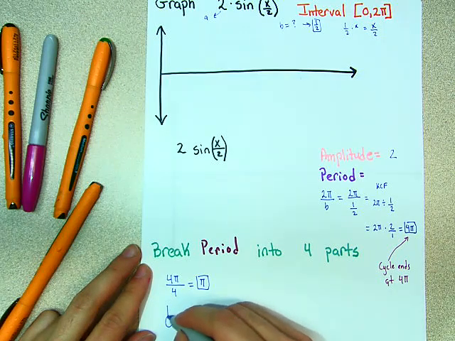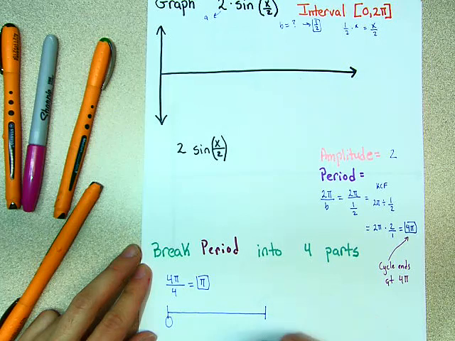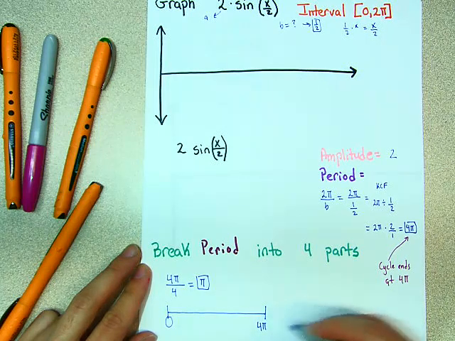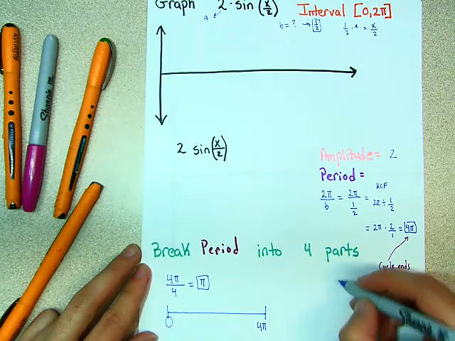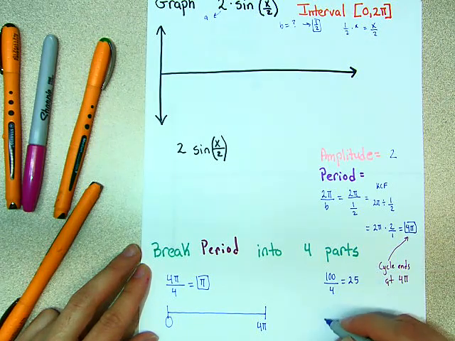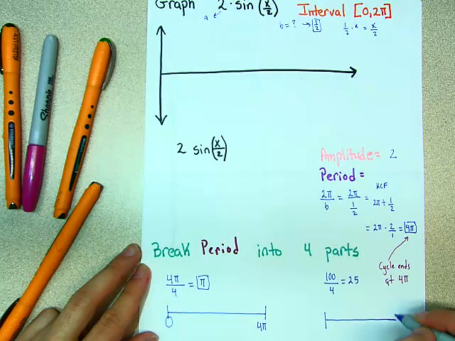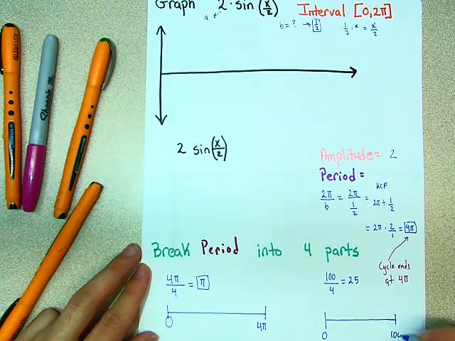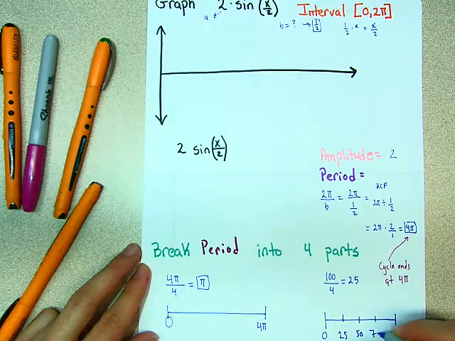So here we always start at 0, and if it ends at 4 pi, remember, let's do the same example: if I take 100 divided by 4, that's 25. So we always know that this one is 0, this is 100, and then here we have 25, 50, 75, 100.